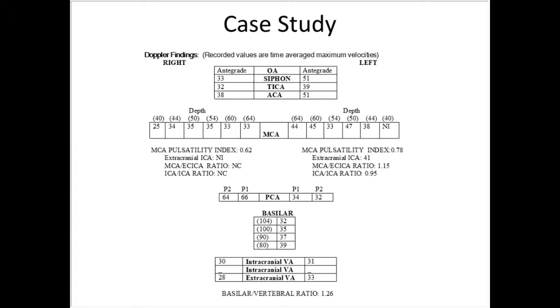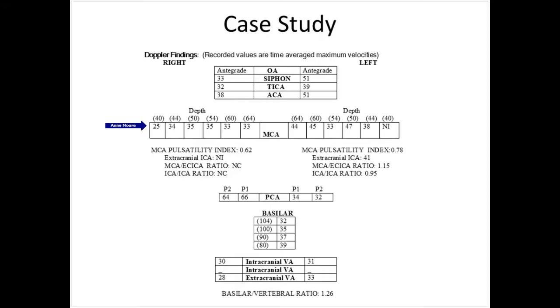So we did a transcranial Doppler on him, and this is the right side. The ophthalmics were antegrade. We see the siphon, terminal ICA, and ACA were fairly normal, but what you see on the right MCA is low velocities, especially at a depth of 40, where it's 25.